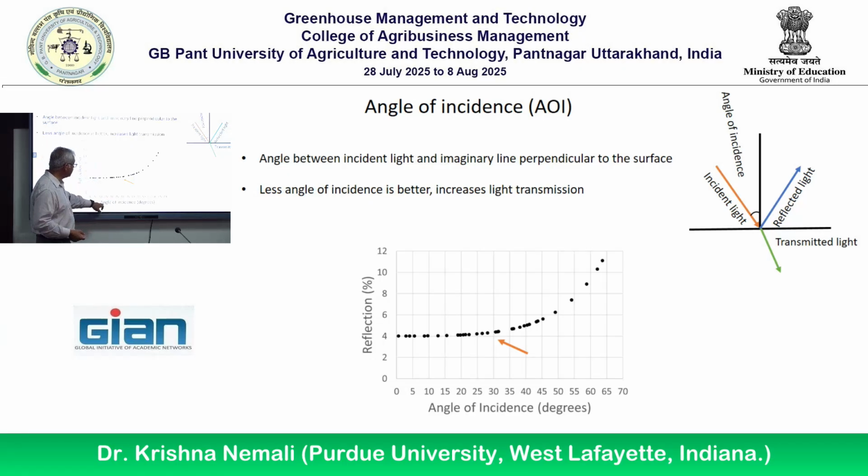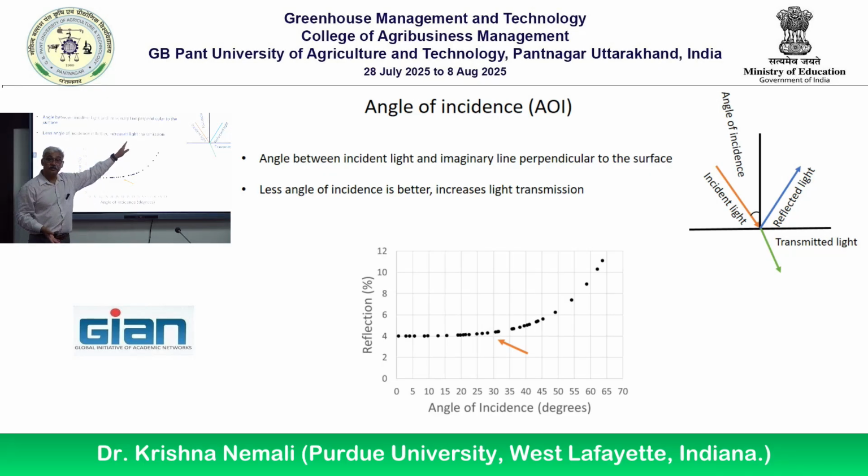You see here, angle of incidence versus amount of light that is reflected back from greenhouse. So light comes, right? And you want that light to go into the greenhouse, so plants get that light. But if that light doesn't go into the greenhouse and it's reflected back, then there's no value, right? So this is the relationship between amount of reflectance, amount of the light that gets reflected, versus angle of incidence.